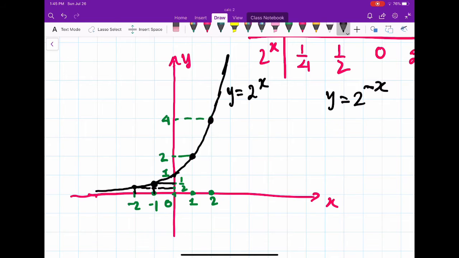We just change x to negative x, so they are symmetric with respect to the y-axis. So I have this point, this point, this point, and something here. Basically I will connect them.